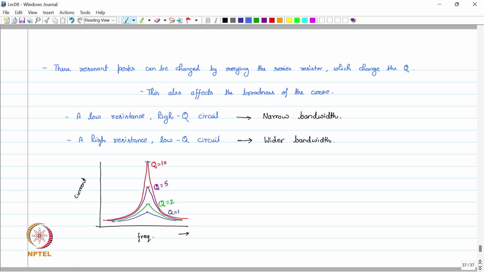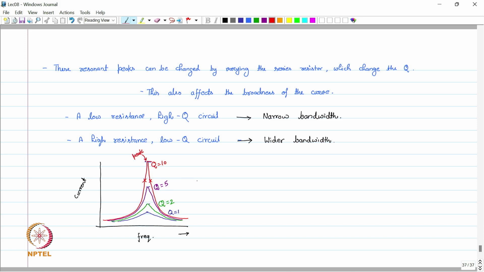For example, let's say we are talking about Q equal to 10. This is the peak value, and the bandwidth of this graph for Q equal to 10 is the point where this graph reaches 70% of its peak value.